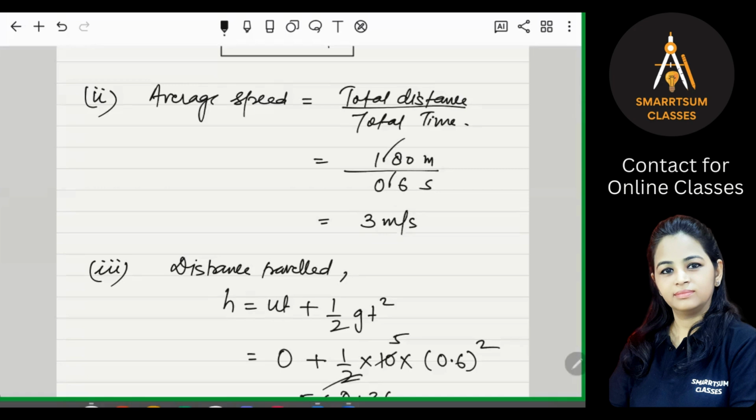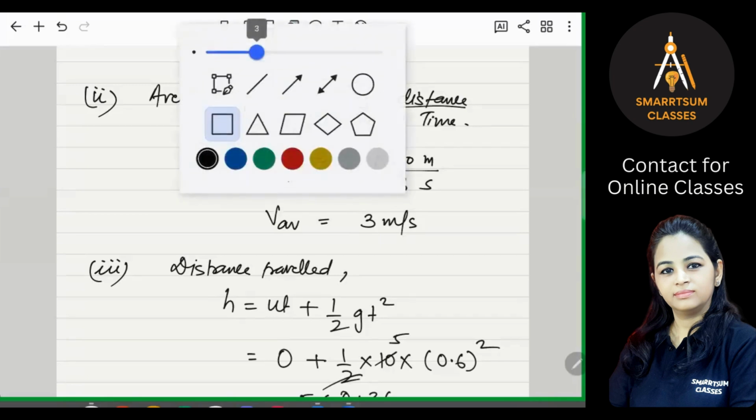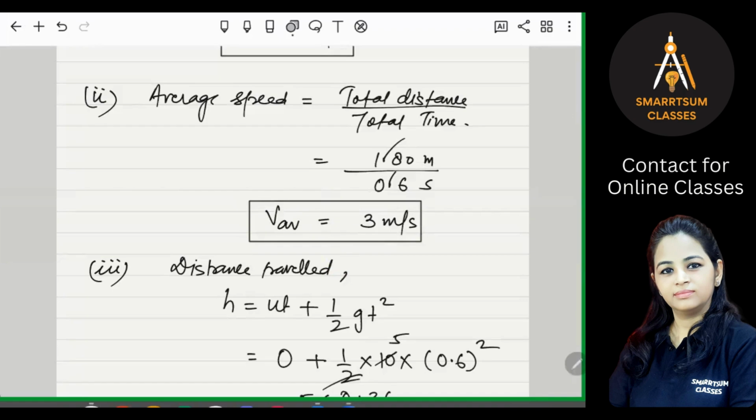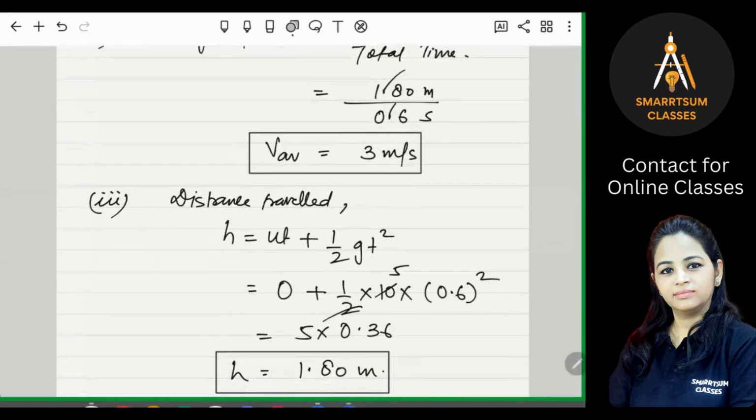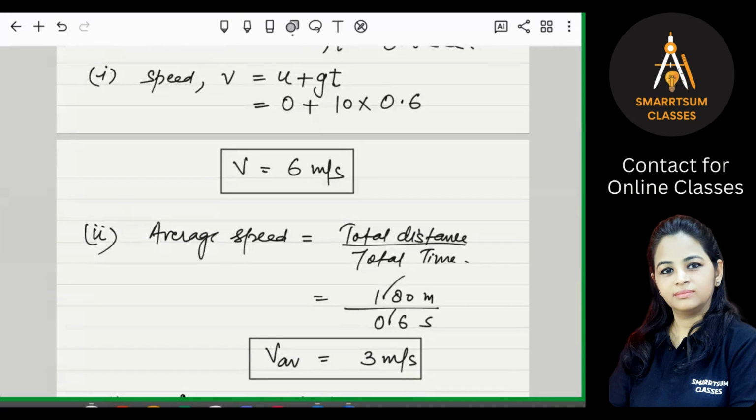So what is the average speed of the car? The average speed of the car is 3 meter per second. In this way, we can find our average speed, distance traveled by the car, and the velocity of the car when it hits the ground. Is that clear? The same approach you have to follow whenever you are solving a question of free fall.